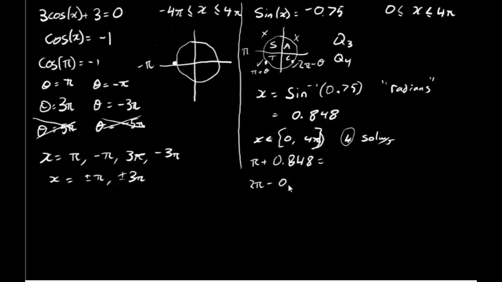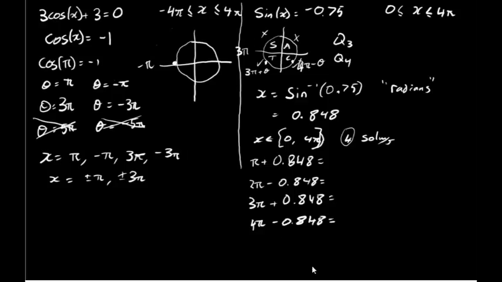So it'll be 2 pi take 0.848. And then when we do another rotation, we're going to be at 3 pi. So it'll be 3 pi plus theta. And then continue on, we get 4 pi take theta. So 3 pi plus 0.848 and 4 pi take 0.848.